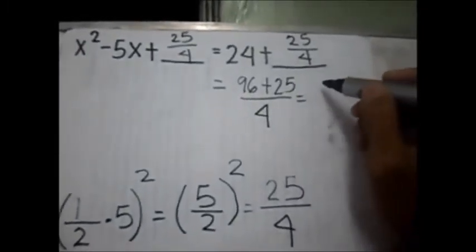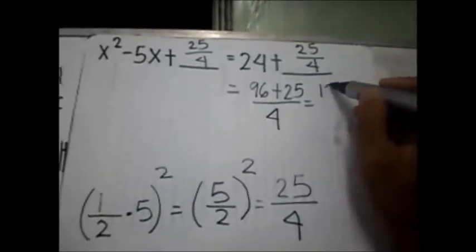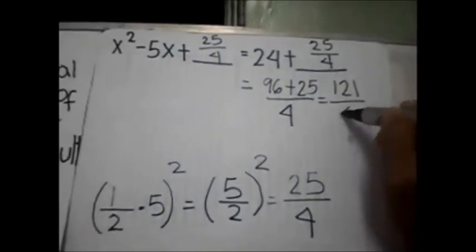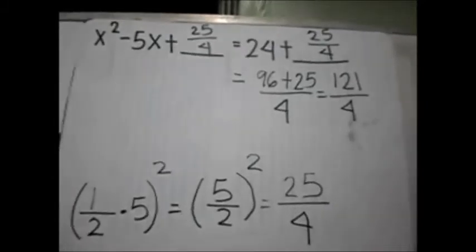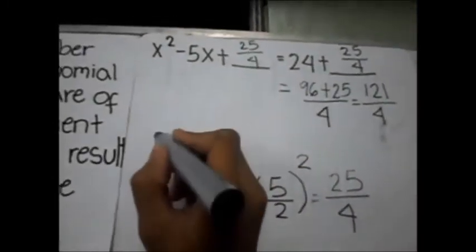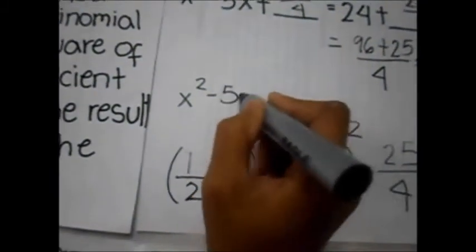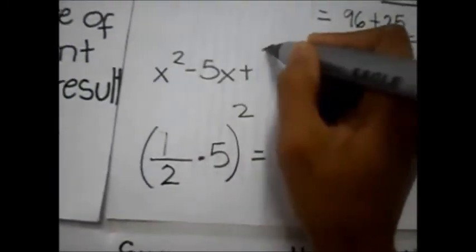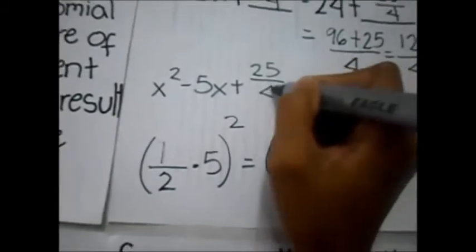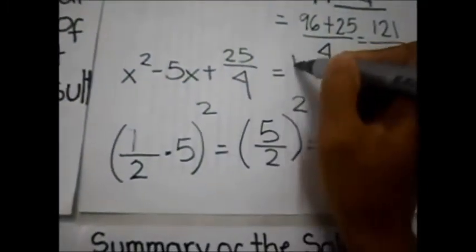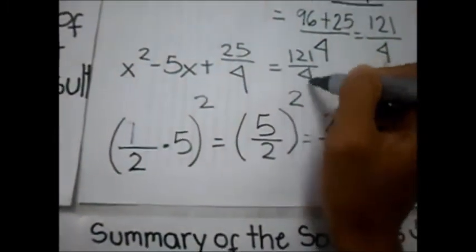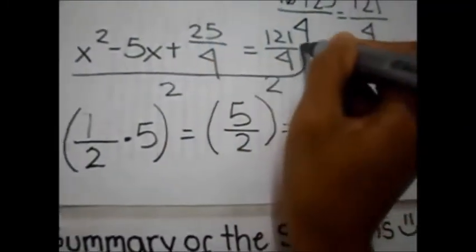Then the answer is 121 over 4. So our equation is x squared minus 5x plus 25 over 4 equals 121 over 4. That is our equation.